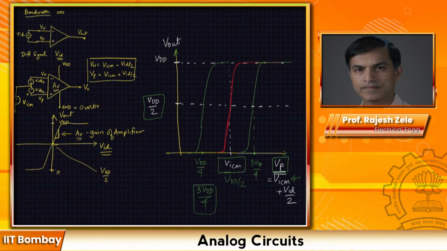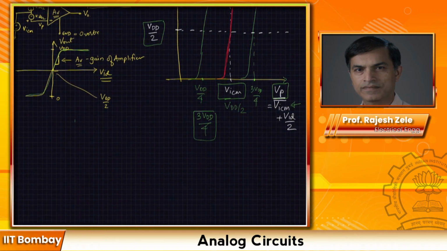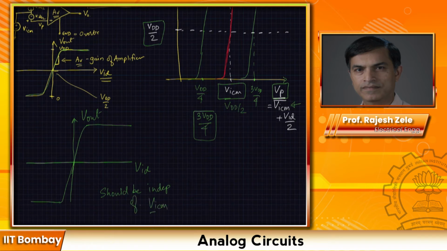What finally matters is the differential voltage between the two terminals, and what we desire is this particular characteristic, which is VID versus V out, and this characteristic should be independent of VICM. That's what the op-amp does.